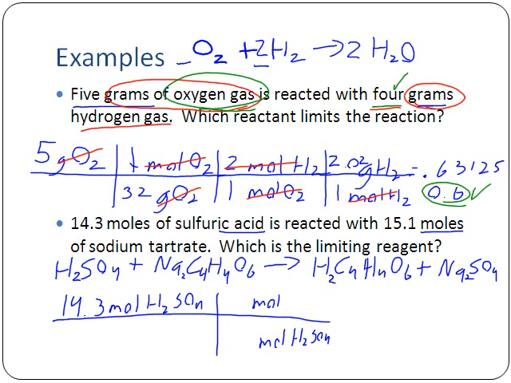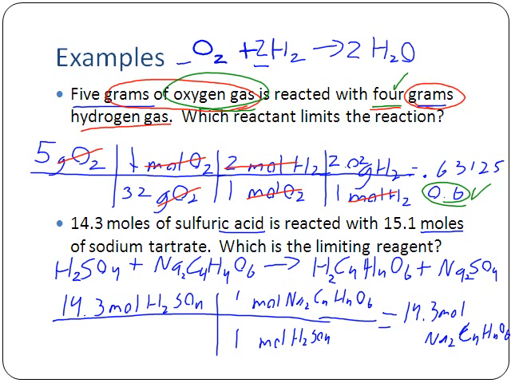And so sodium tartrate, we said, was Na2C4H4O6. And so what's the mole ratio? 1 to 1. Woo! So this is a very simple one. We get 14.3 moles of sodium tartrate. Na2C4H4O6. All right, just like that.